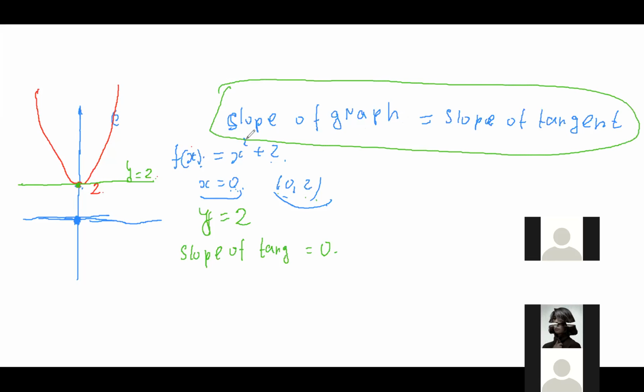It's 0 because the slope of the graph we defined as the slope of the tangent line. So the slope of the graph and the slope of the tangent line are the same. We defined the slope of graph as slope of tangent line. Okay, very good. We agreed about it, and it's good.